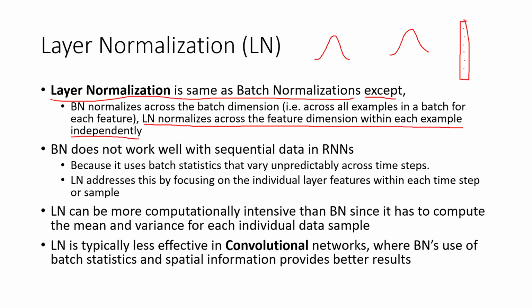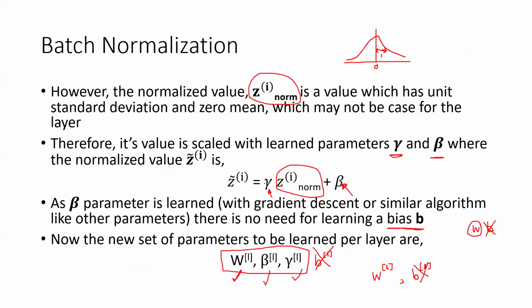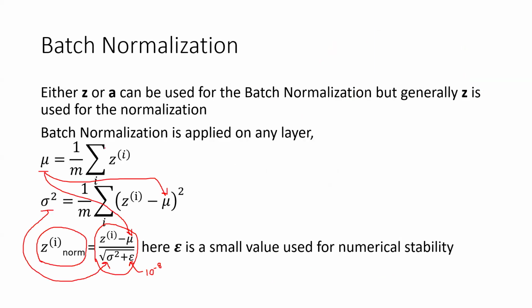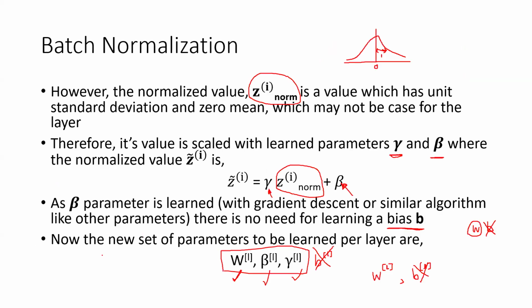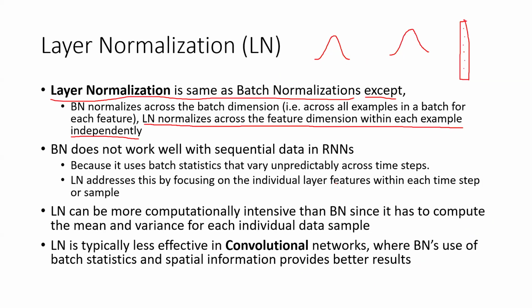So we apply the same calculation, same techniques, same learning principles like this gamma, beta, and so on, and this averaging, standard deviation, calculating the norm, and these learned parameters gamma and beta.